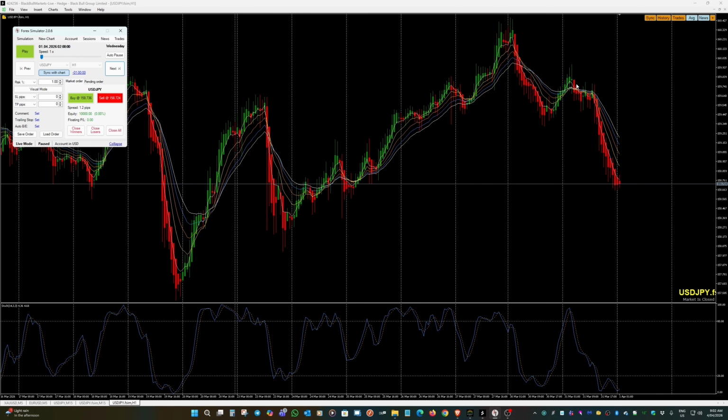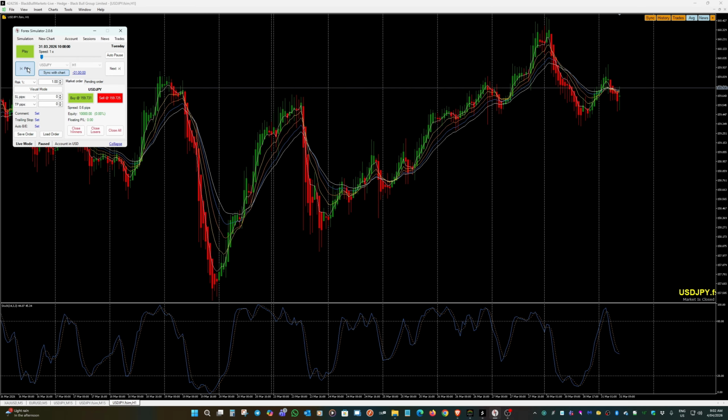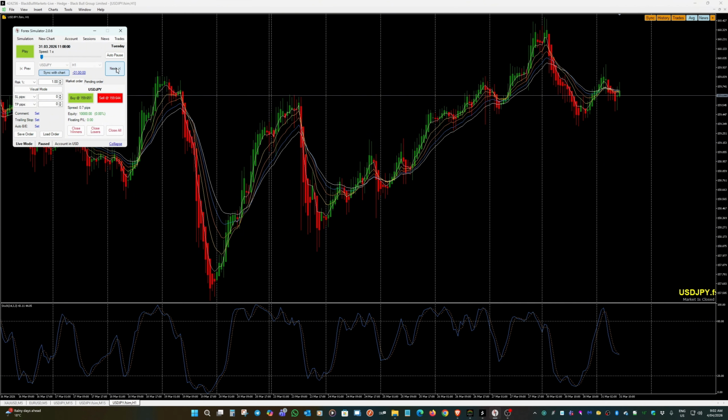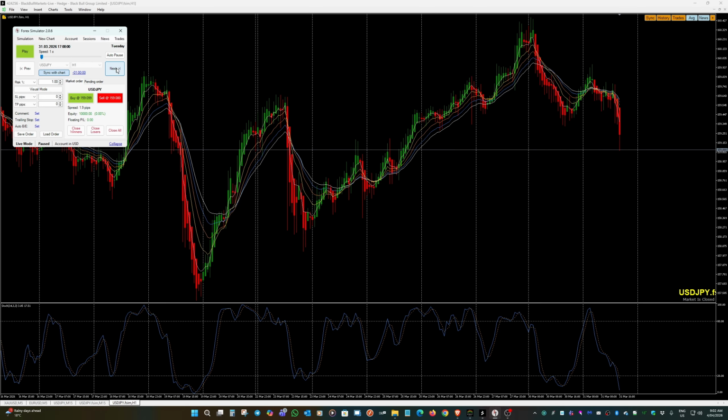It's not a perfect setup because it actually closed above the moving averages. I'm not too excited about that, but let's just go back and look for the first candle that actually closed below. We're looking for a green candle. Sorry, we're looking for a red candle.